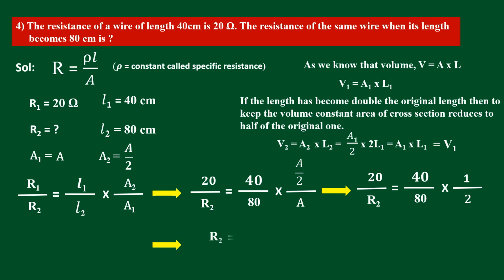On further simplification, we get R2 is equal to 80 into 20 into 2 divided by 40. So finally we get R2 as 80 ohms.